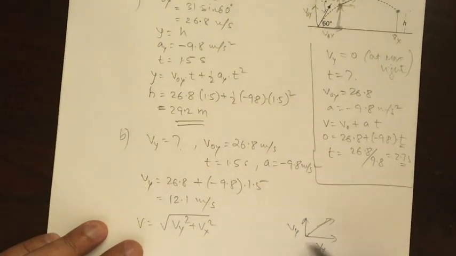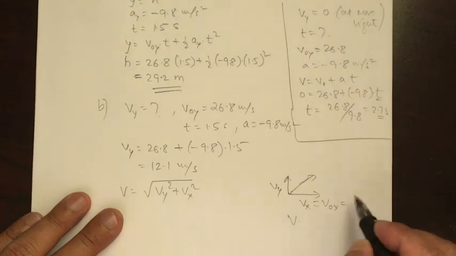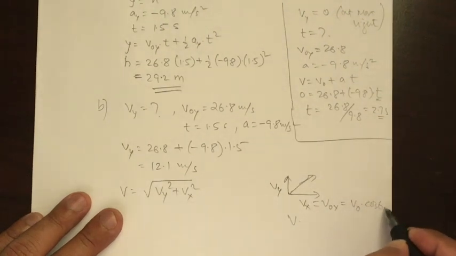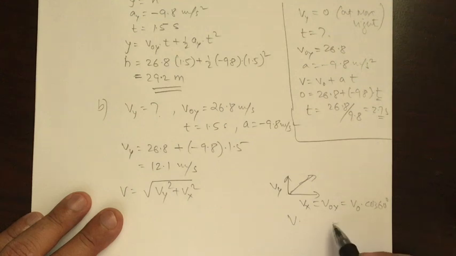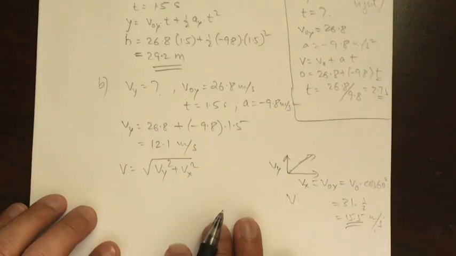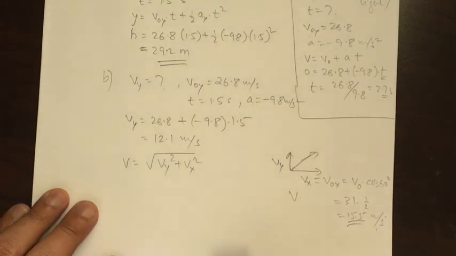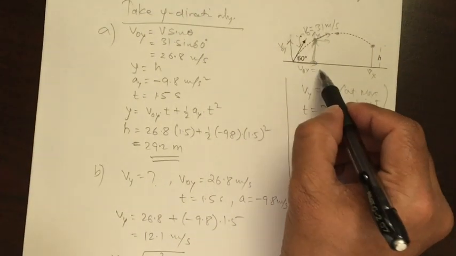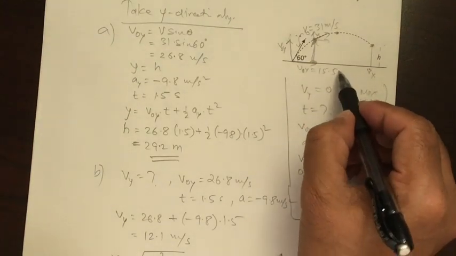It is V0x, which is V0 times cosine of 60 degrees. V0 is 31, cosine 60 is 1/2, so this will be 15.5. So 15.5 meters per second will be your Vx, in this x direction.